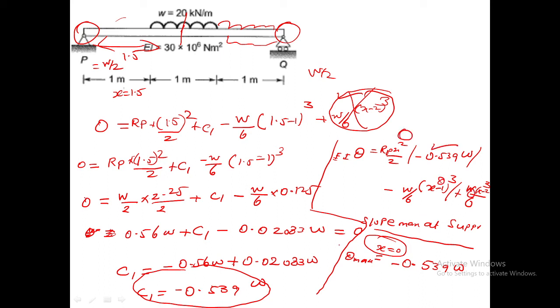At the point, theta P equal to minus 0.539 W divided by EI. EI is 30 into 10 power 6, W equal to 20.